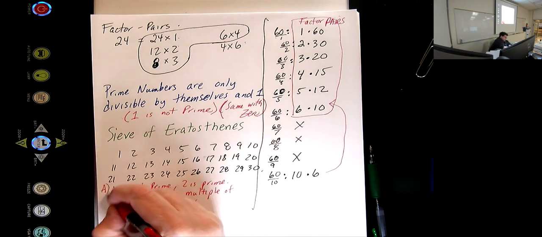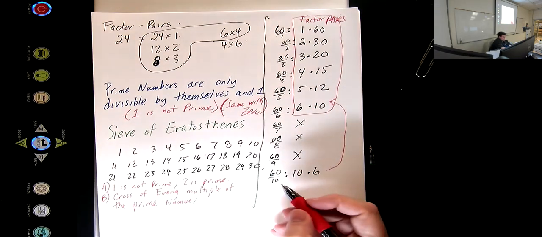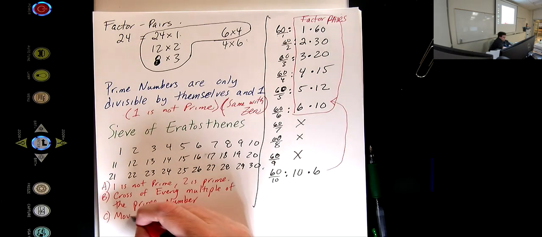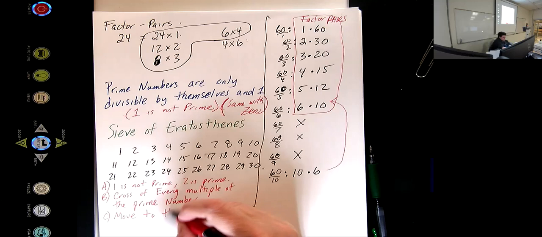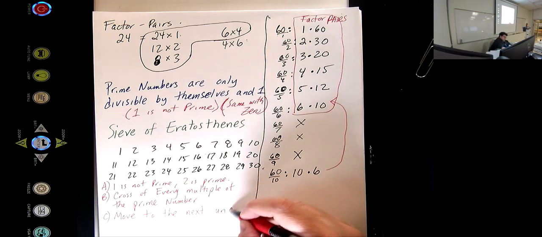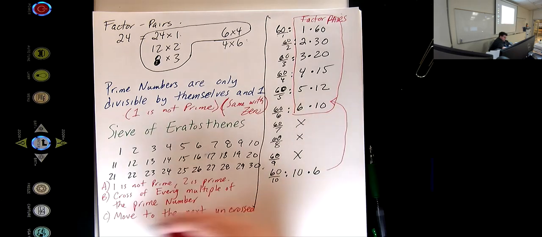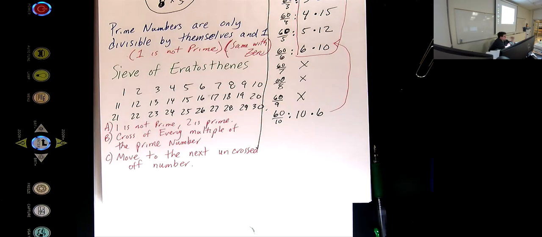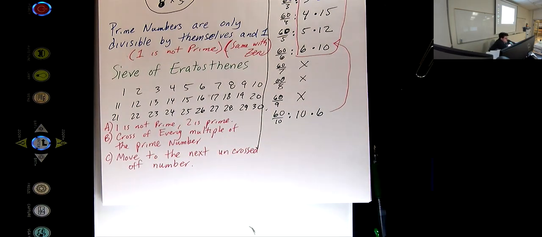So maybe that's A, that's B, and C, move to the next uncrossed out number. That's what we're doing. I'll show you it being done, and then we'll be done for the day.